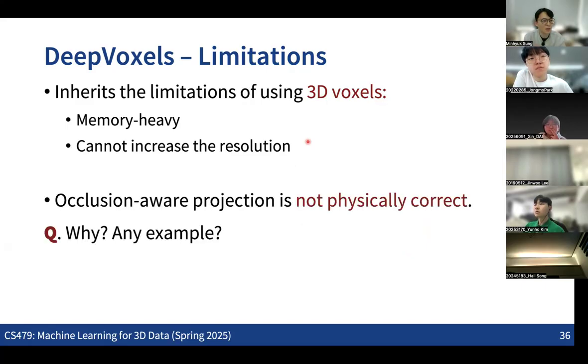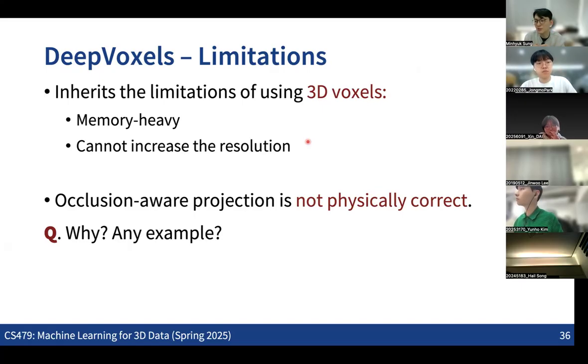But one more problem is that the occlusion-aware projection process of getting the visibility is not physically correct. It's basically a very easy simulation, but there are some issues with that.